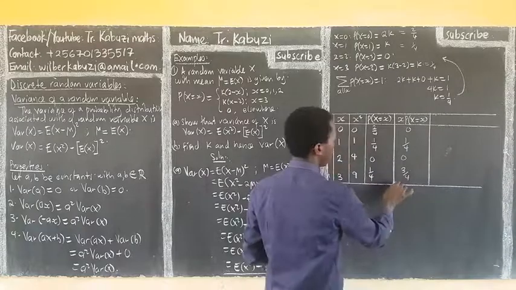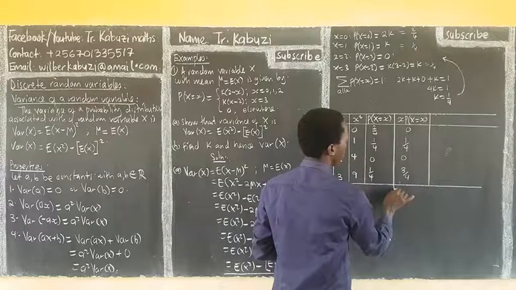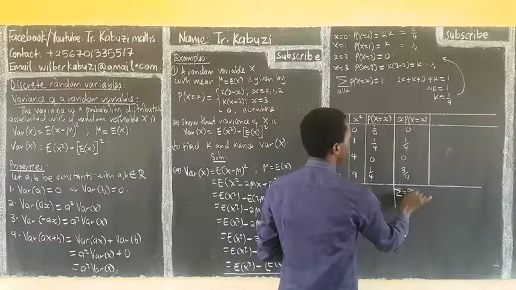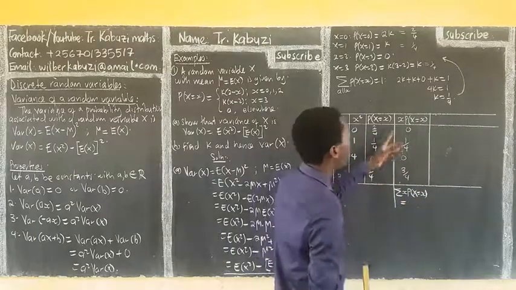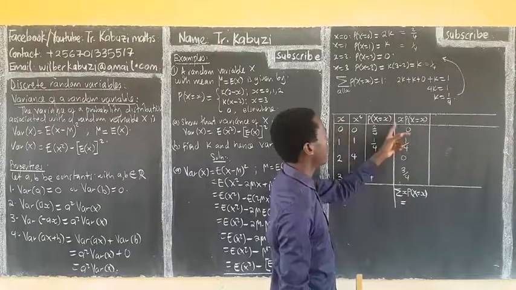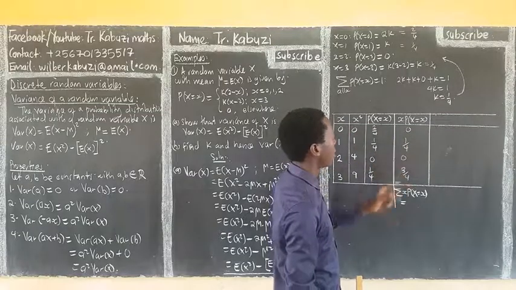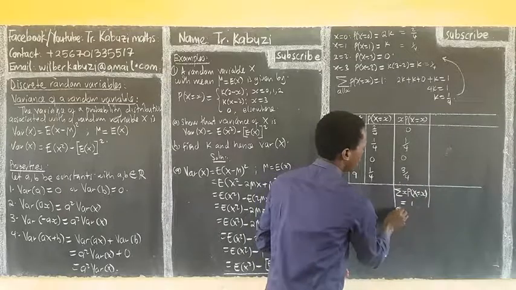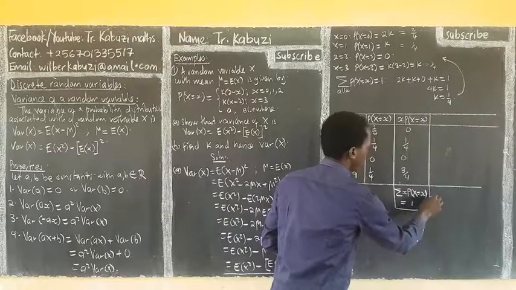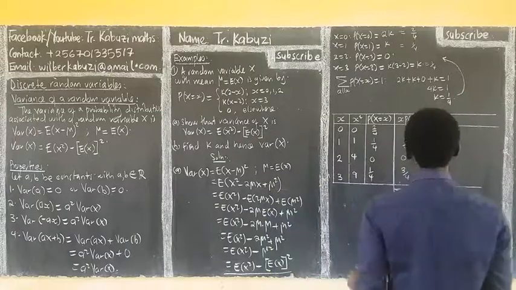When I sum all these, this will be 1, this will be 3, and this will be a 1. The expectation is 1.